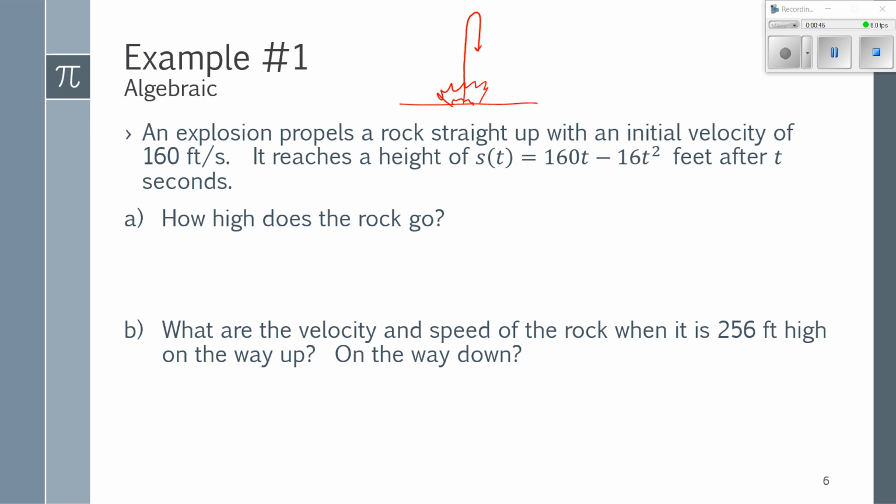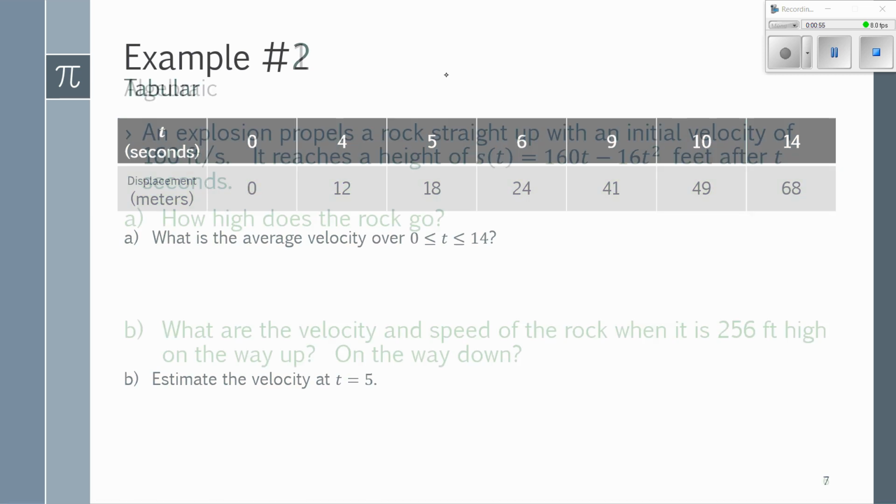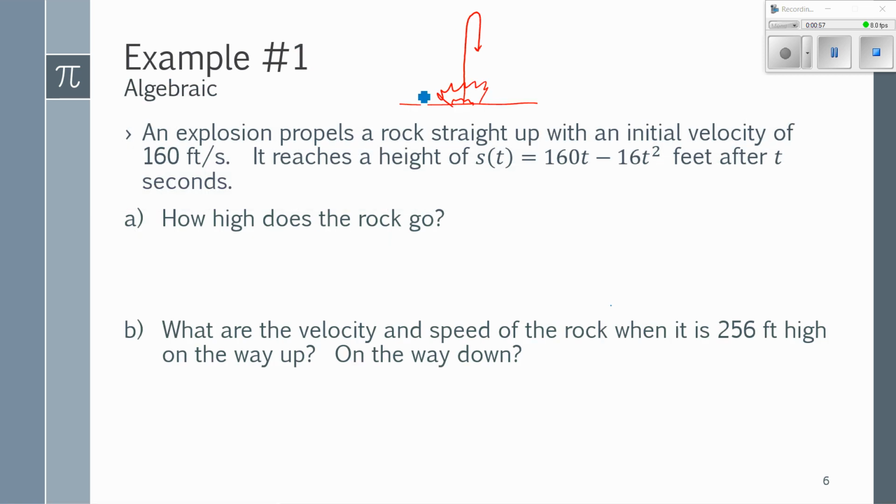So in my head, what I'm picturing is, okay, what can I say about the rock? Well, I know it has an initial velocity of 160 feet per second. So that's the velocity when time is 0.